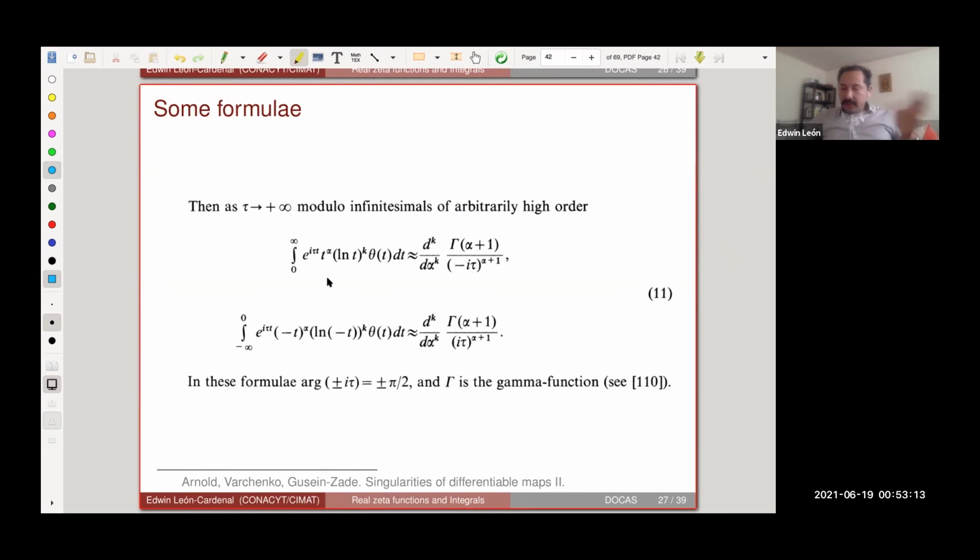And this is somehow related with the asymptotic expansion of some function J when the parameter goes to 0. The relation is very subtle, and it depends on the Fourier transforms and some properties of the Fourier transform of these guys. I'm not going into the details, but you can check this strategy, for instance, in the book by Arnold and Varchenko. Okay.